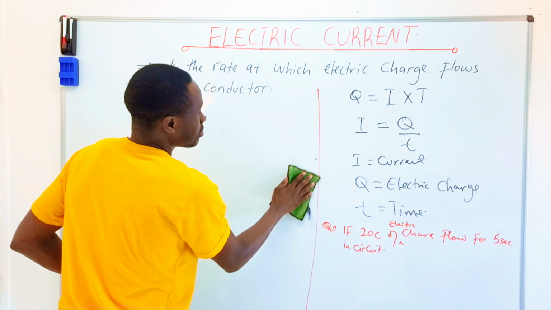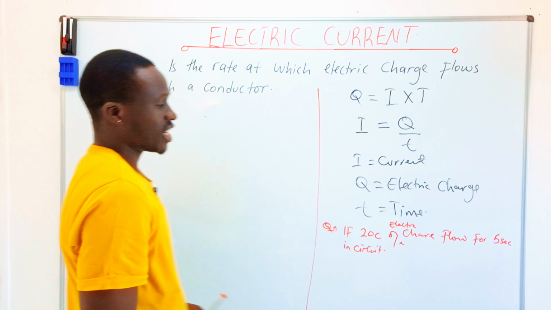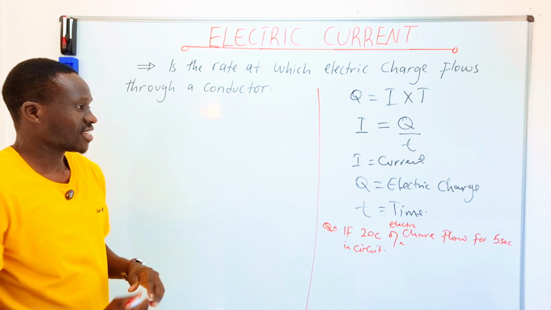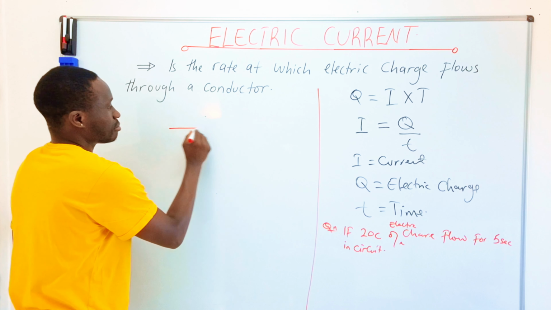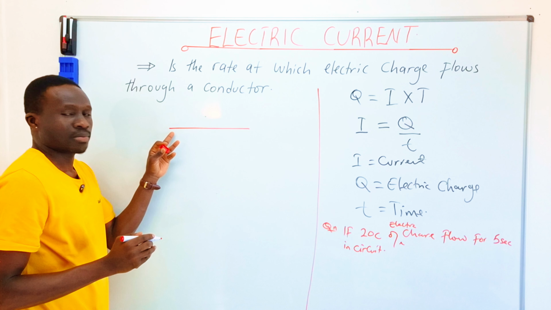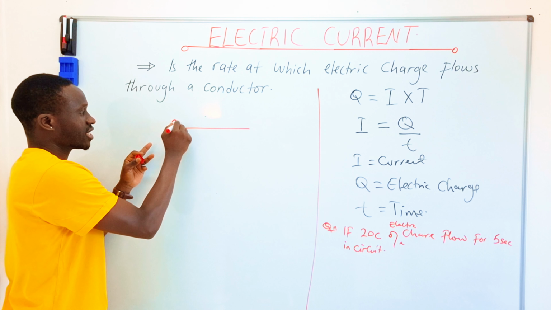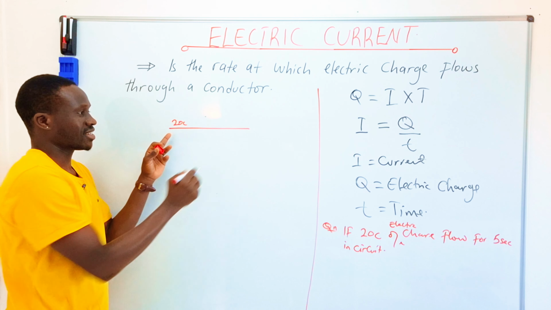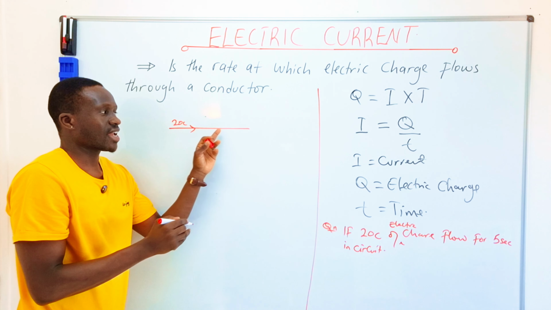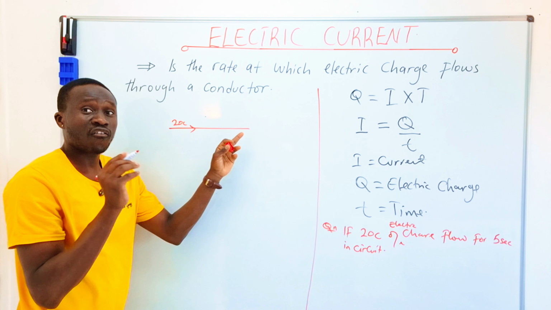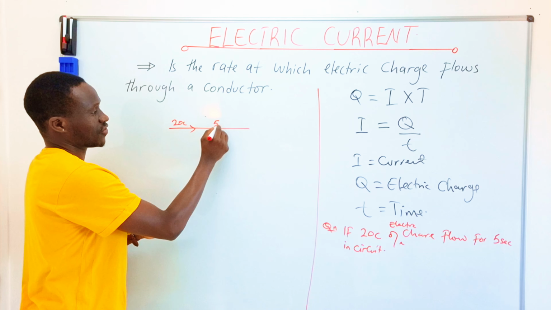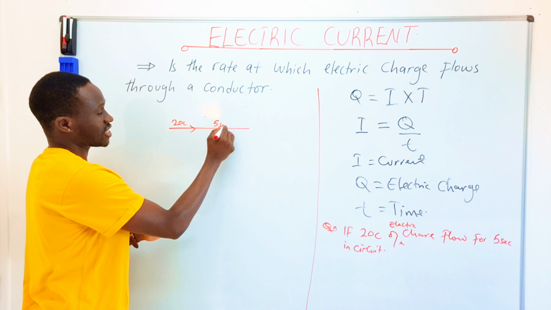If 20 coulombs of electric charge flows in a cable for 5 seconds, 5 seconds, that is the time.